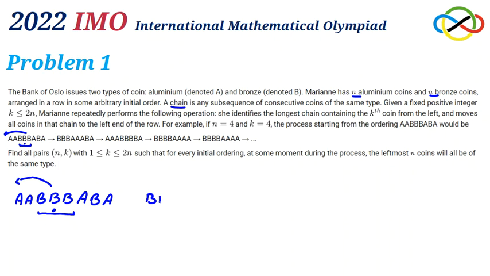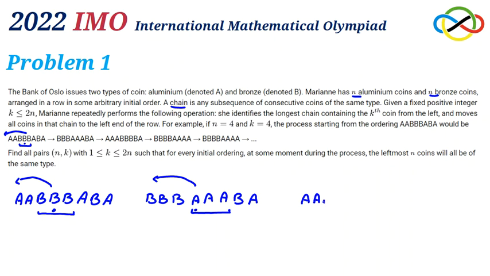So we move 3 B's here. What are the things that are left? 2 A's, 1 A here, B, A. Now again, if you consider the fourth coin from the left, it will be this. The longest chain containing the fourth coin is this. Now moving this to the left, it will be what? Look, this one is exactly this one.